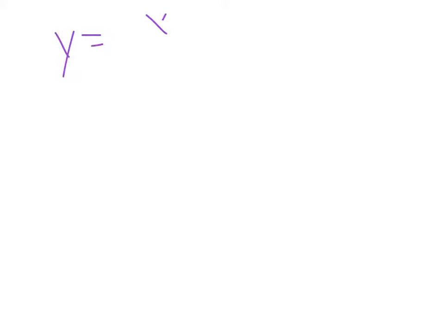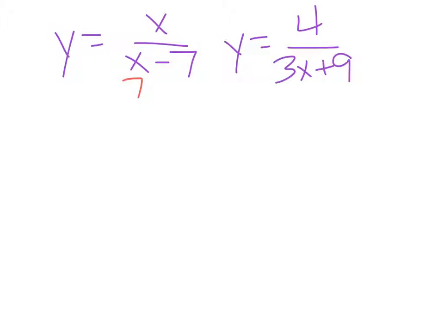Here's y equals x over x minus 7. So if you look at excluded values, things x can't equal, then hopefully you see that x can't be 7, because 7 minus 7 would give you 0. Give me another example. Y equals 4 over 3x plus 9.